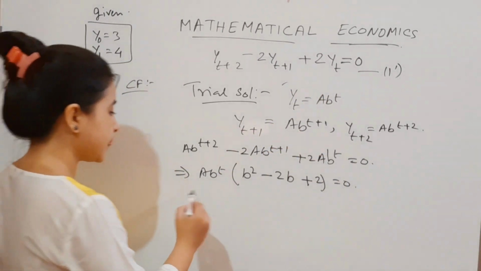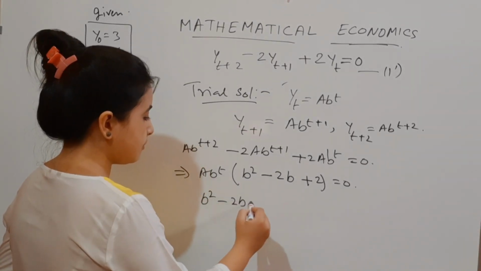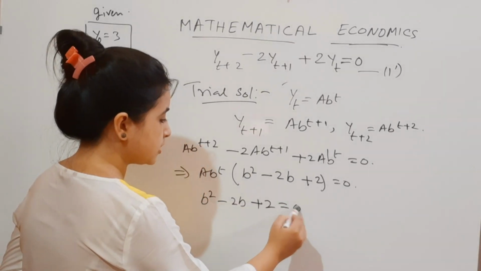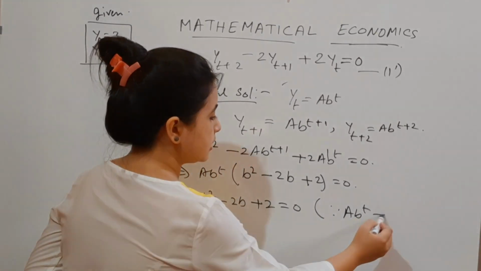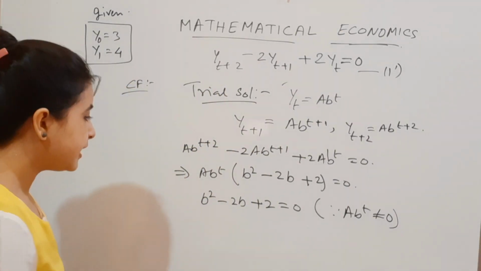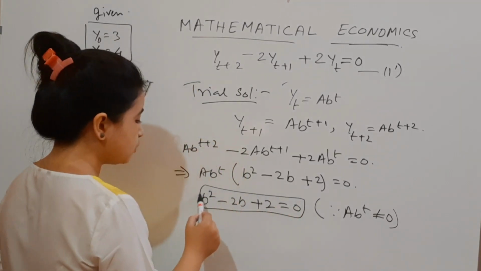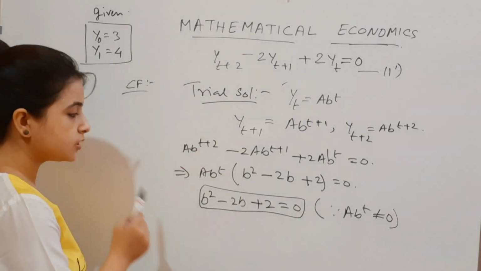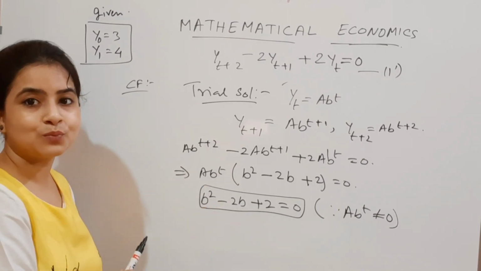So we have to go for b squared minus b plus 2 equal to 0, since A b to the power t can't be equal to 0. We have to apply Sridharacharya's formula to find the roots, that is b1 and b2.